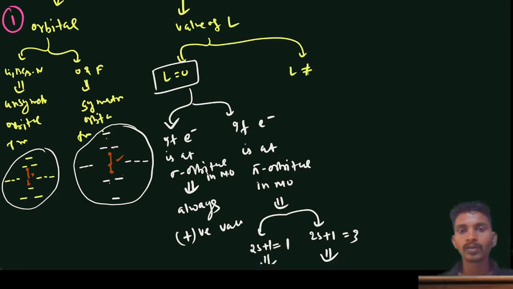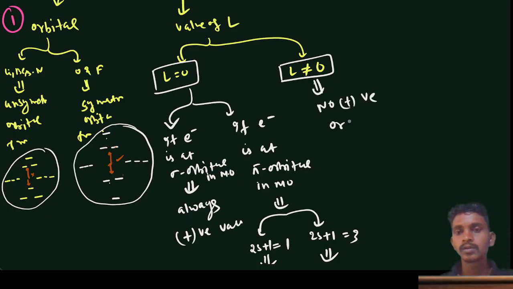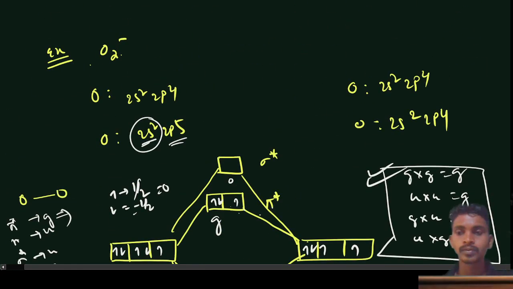If L is not equal to 0, then what will you get? No positive or negative value will come. This positive and negative will not come if L is not equal to 0.